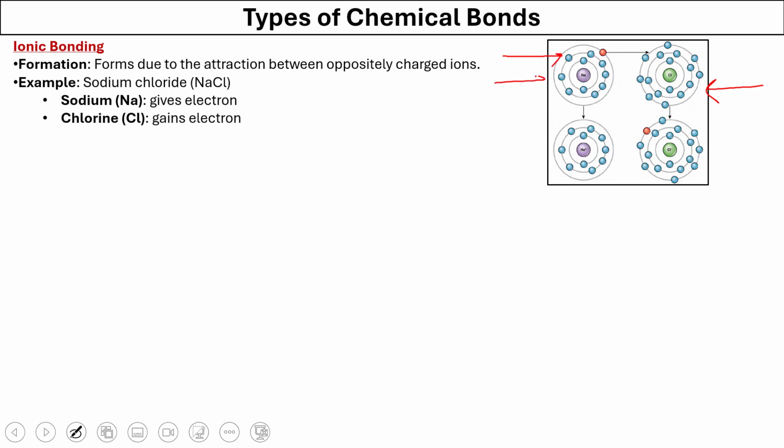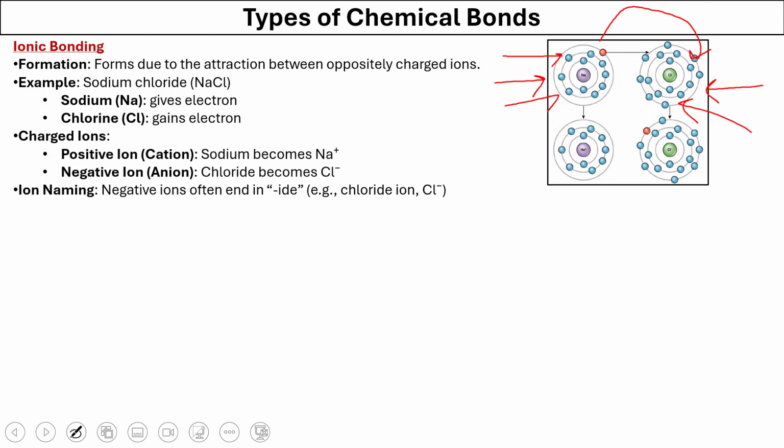Instead of this one trying to get 7 electrons, which will make this atom very unstable, it will just donate its electron completely to chlorine. The outer shell of sodium will also be complete. The outer shell of chlorine will also be complete just by completely giving away the electron. So in this process, sodium becomes positively charged, and chlorine, which now becomes chloride, becomes negatively charged.